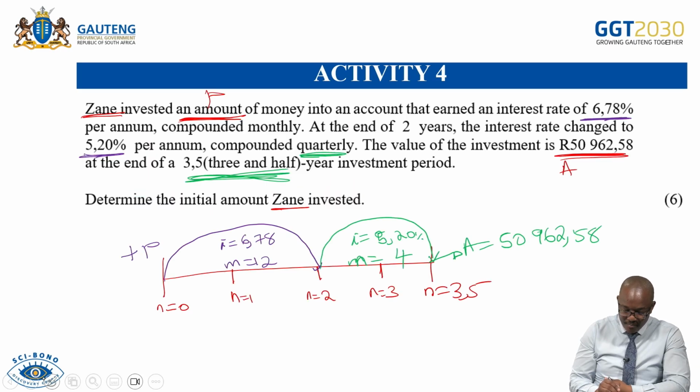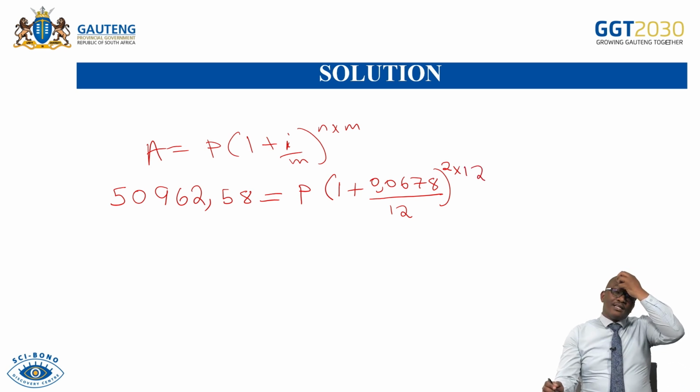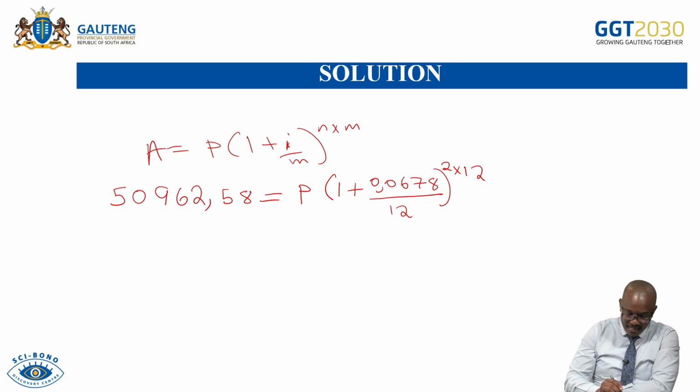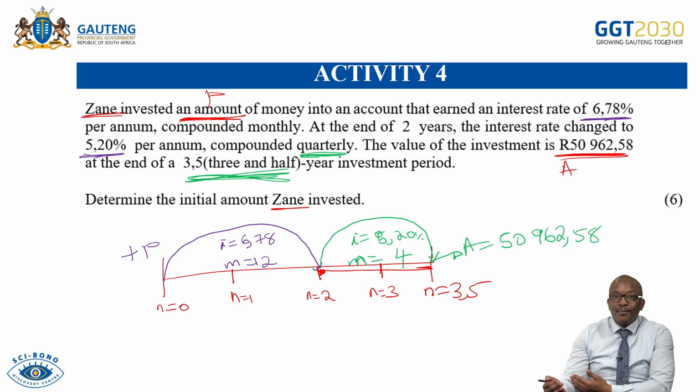Remember, it says compounded monthly, so we're going to have 12 here, and 2 multiplied by 12. Correct? That is the interest for the first 2 years. And the interest now for the remaining 1.5 years. Remember, from year number 2 to year number 3.5 is only 1.5.